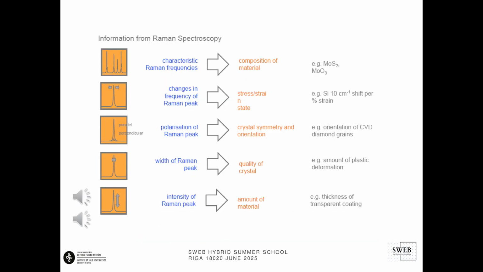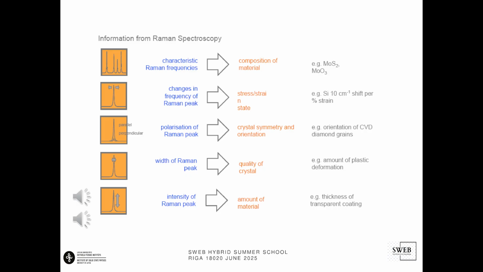In conclusion, what information can we obtain from the frequency and shape of Raman bands? Each chemical substance has its own characteristic set of Raman bands. The formation of the crystal lattice leads to a shift of the Raman bands.